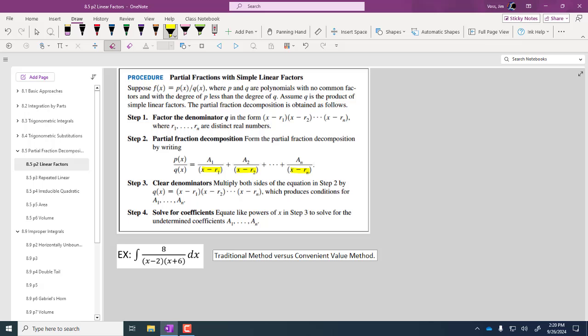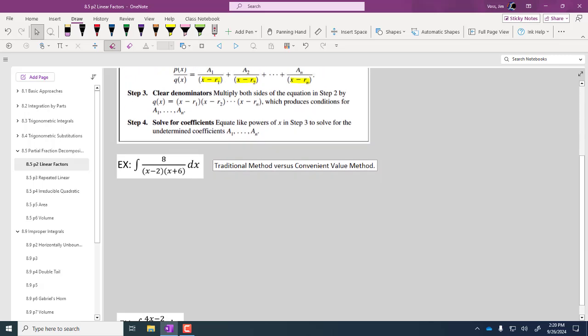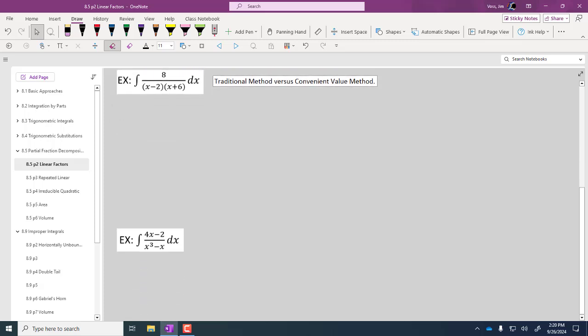We're just looking at the case where the denominator q factors just into distinct linears. That's where we're starting. It looks more complicated than it is. All they're saying is once you have the denominator totally factored into linears, all you have to do is this. You take your given integrand and create a structure that looks like this.